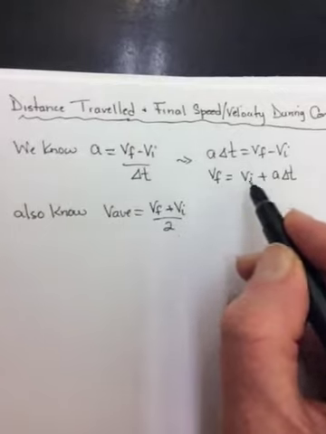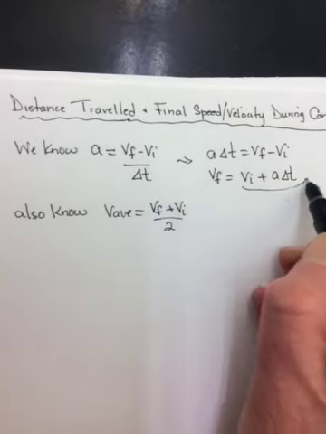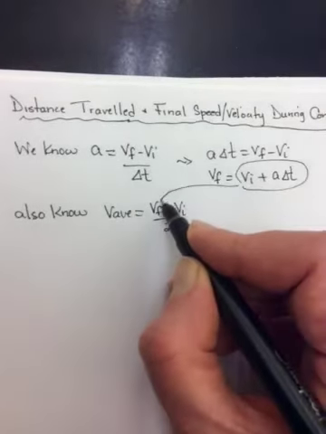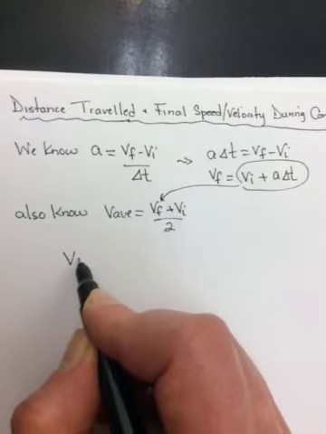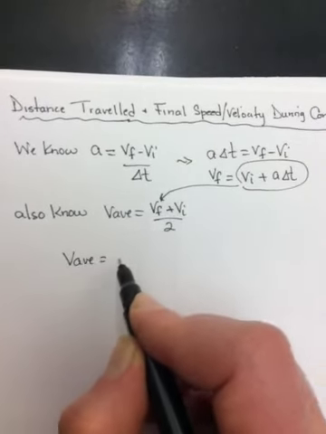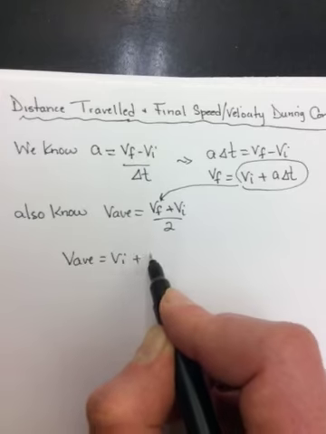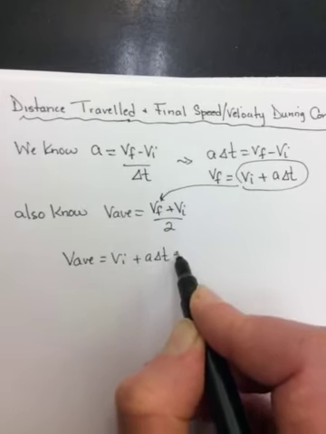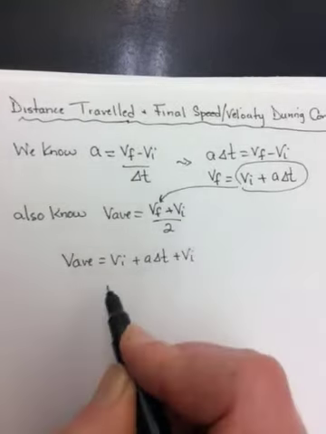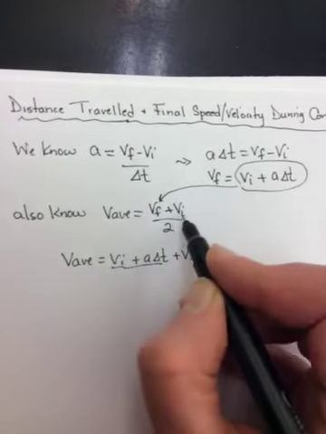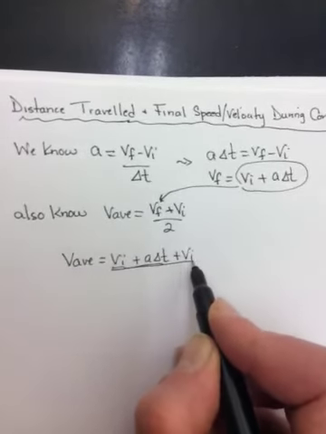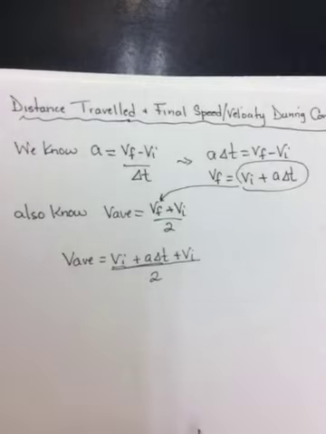So if we substitute for vf, this vf that we got up here, we would have v average is equal to vi plus a delta t plus vi. The vi plus a delta t is what we just subbed in, and the plus vi is there, and then this is all over 2.